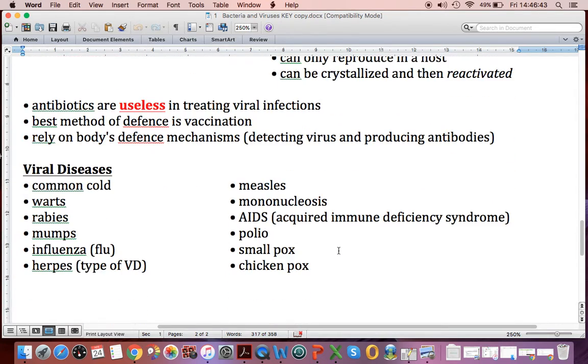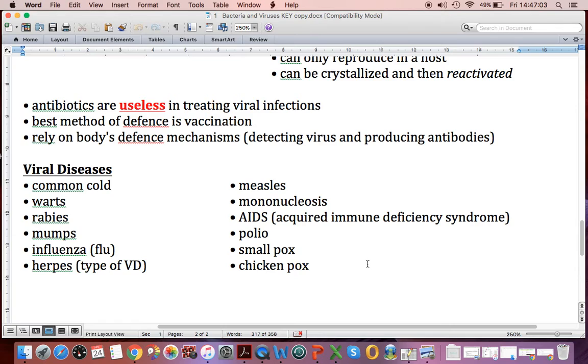Here are examples of viral diseases. There are many, many, many examples out there. And of course, this year we have COVID-19. In 2003, we had something called SARS. There's been avian flu, that means from birds. There's been swine flu.